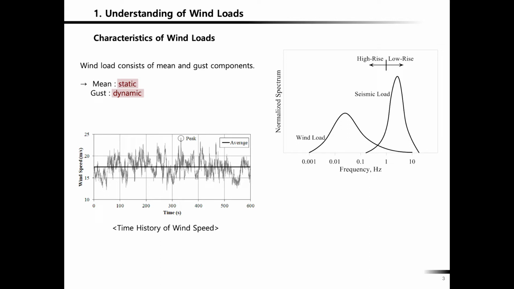So when you consider seismic loads, ground acceleration histories will have the energy in high frequencies, greater than 1 hertz, more like between 1 to 10 hertz. So that affects low-rise buildings' response a lot. Conversely, for high-rise buildings, the seismic actions of the ground will not affect the high-rise building response that much.